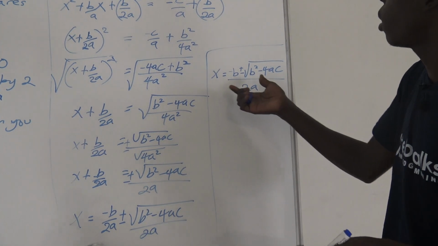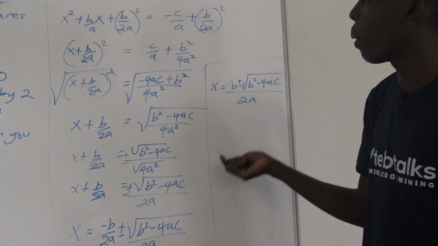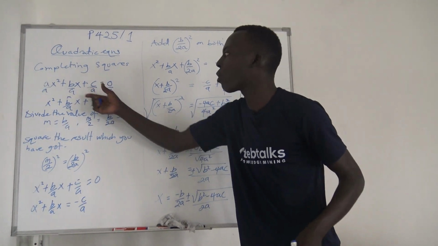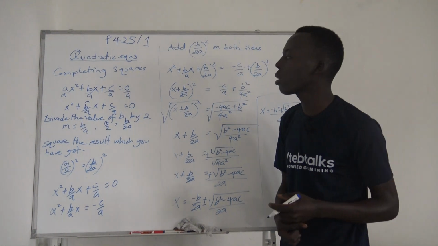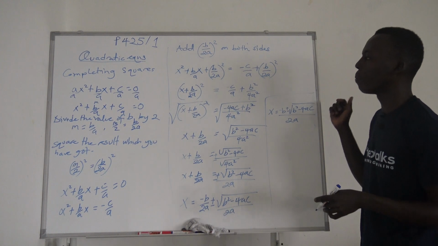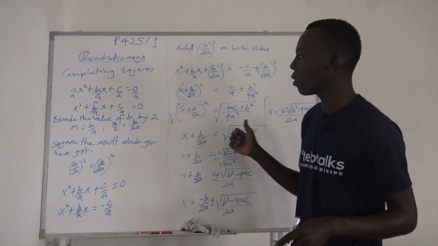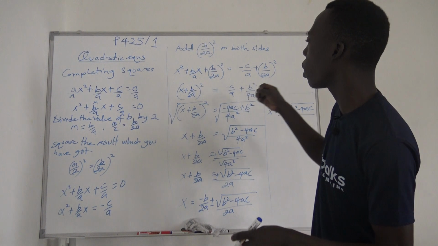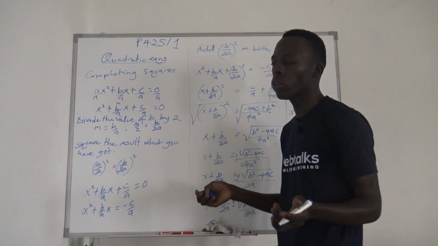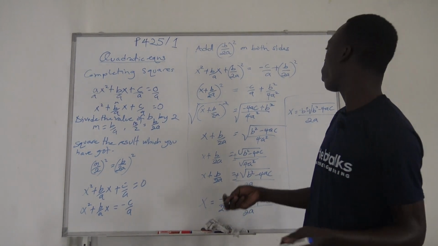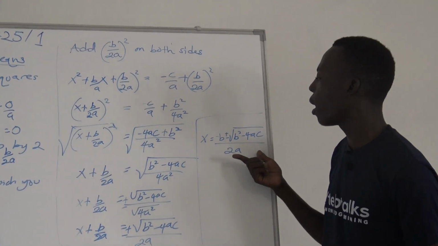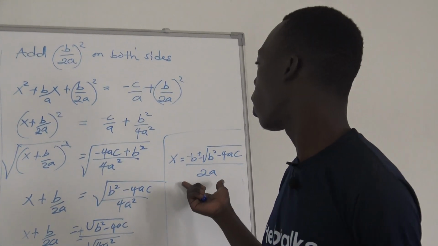So this one will be our result, which we get after applying completing the square on this equation, which is ax squared plus bx plus c equals 0. So we shall come out with this. When you are dealing with these questions of quadratic equations, and they have said that you solve the equation, if they have not instructed you which method to use, you can just put in the values of a, b, c, and you get the answers.